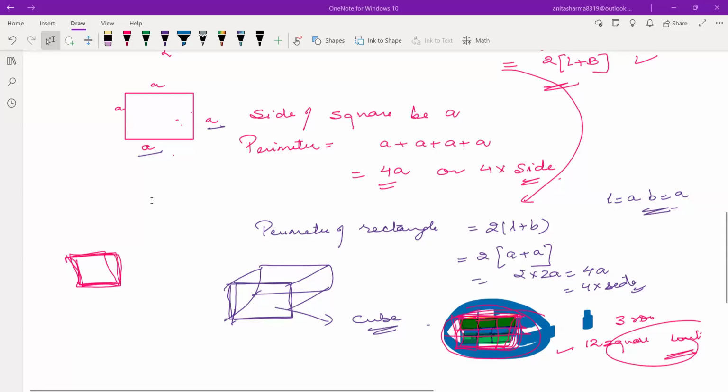So let us start. Application of trigonometry.